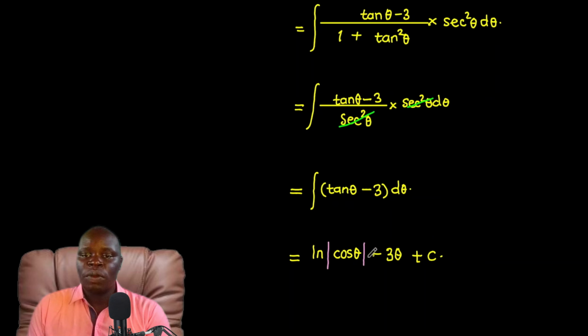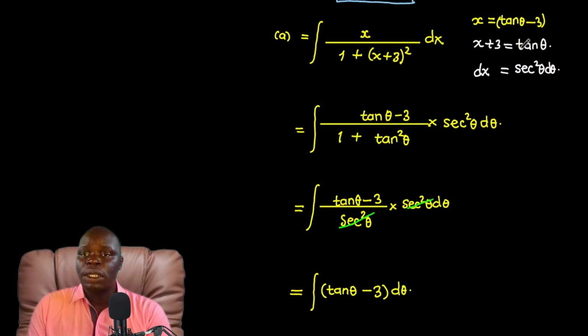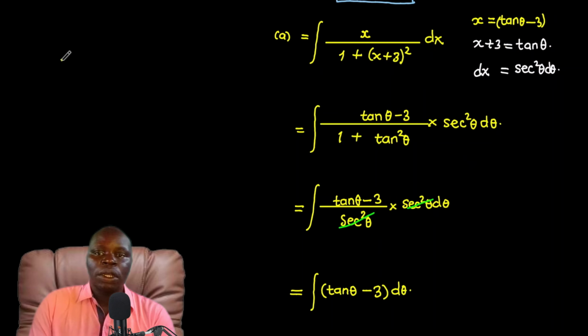Now at this moment, we need cos theta, and also we need theta. And from our substitution above here, remember we had tan theta is given by x plus 3. So we can do it somewhere here and say, okay, and maybe we use a different color, white.